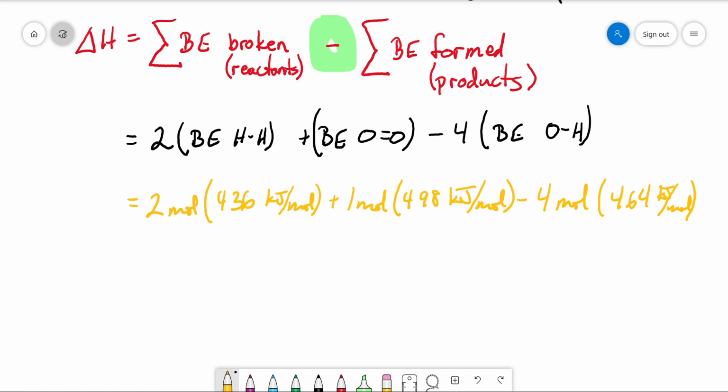Okay, and when we do the math on that, what we come out with is negative 486 kilojoules.